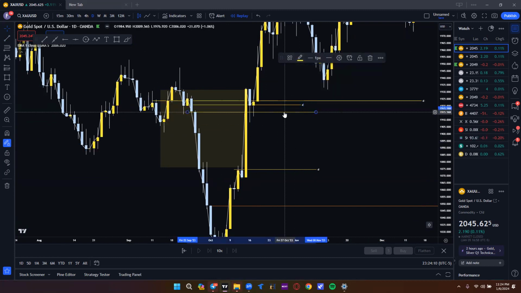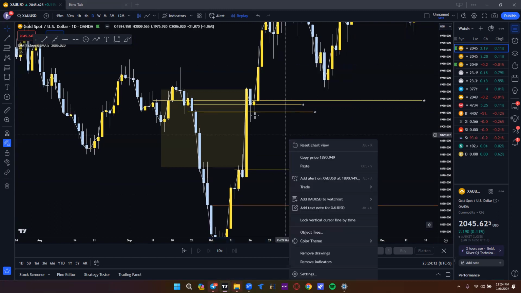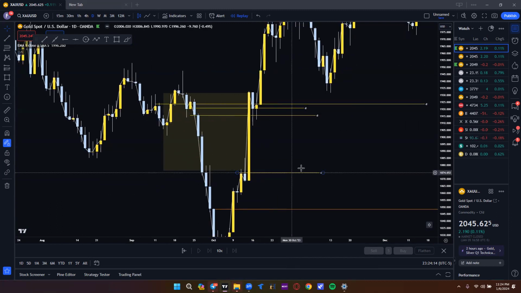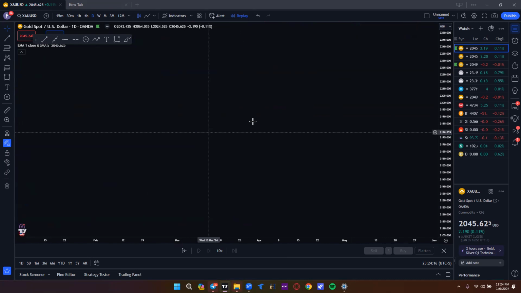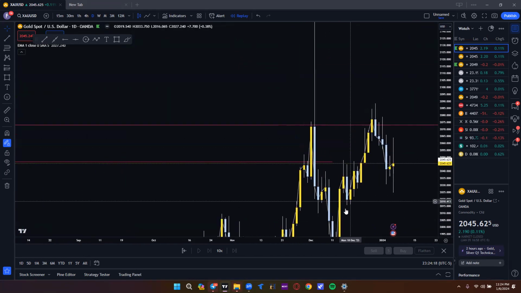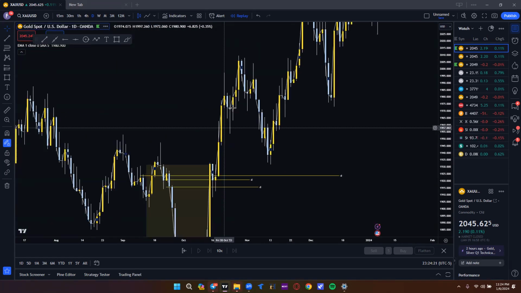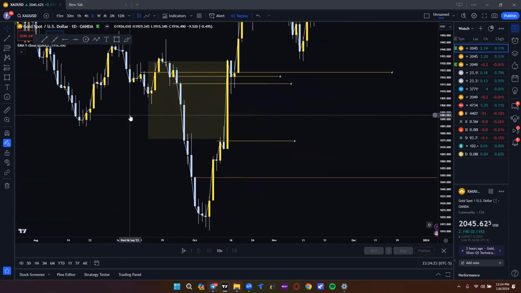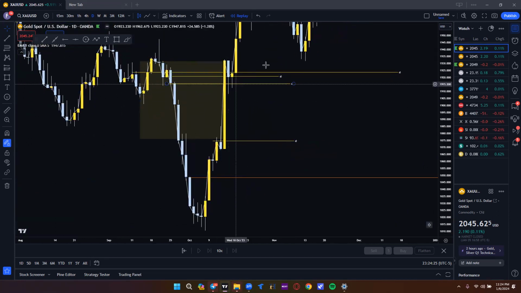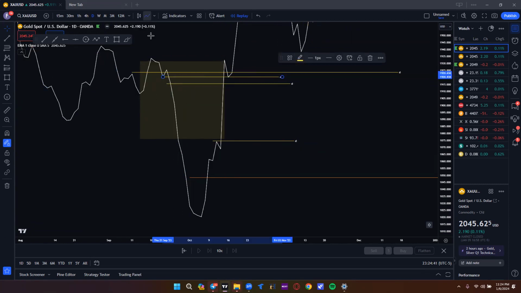But it's literally what I just showed you guys above here, all that stuff. It's just showing you guys that okay, this decision level was broken above, and we are now going to monitor the retest of the decision level or the SBR level, right?